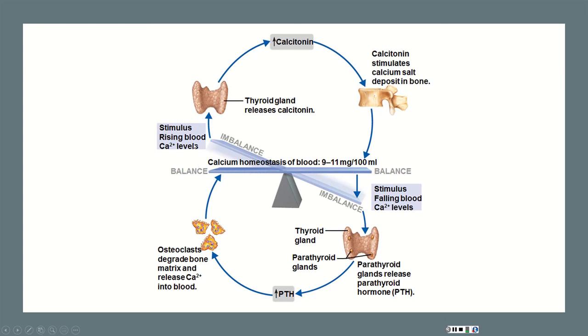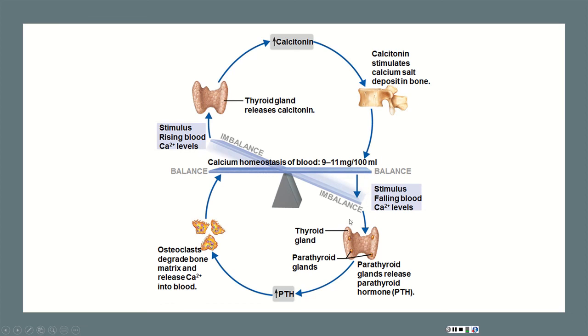When blood calcium levels rise, the thyroid releases calcitonin from the parafollicular cells, or the C cells. Calcitonin levels rise, which stimulates the osteoblasts to make bone, which then lowers blood calcium.